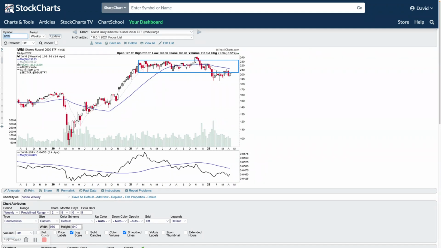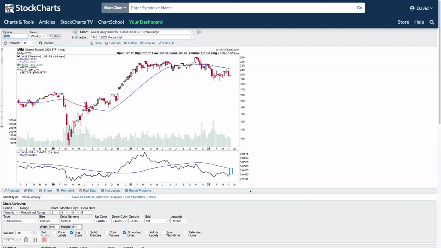So potentially we could break down off to stage 4 if things get really bad. But in terms of a more positive outlook would be for a return back into the range. So we start to see this kind of behavior get back into the range, back above that 30-week moving average, and it starts to turn back up, then obviously that would be much more positive for the small caps and the market in general.